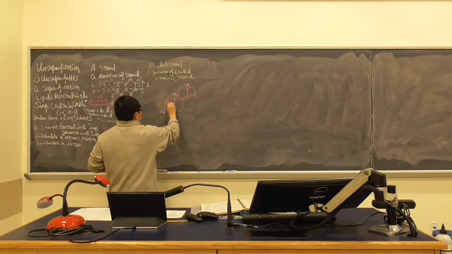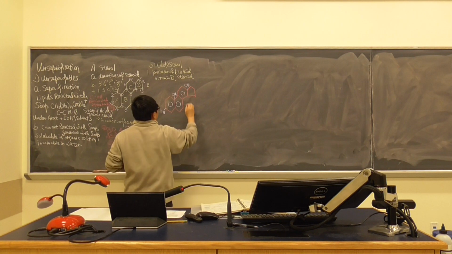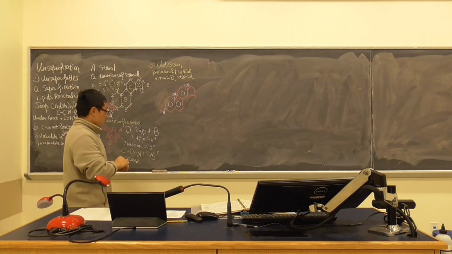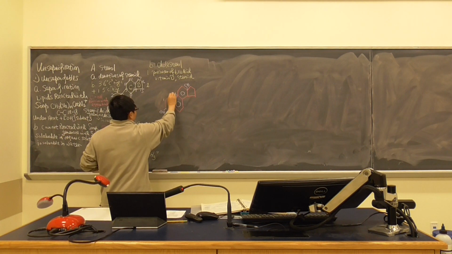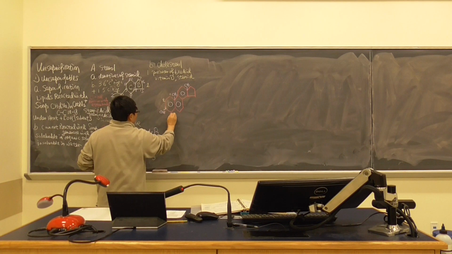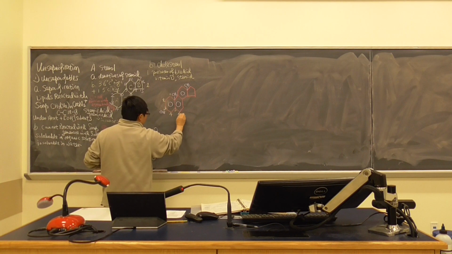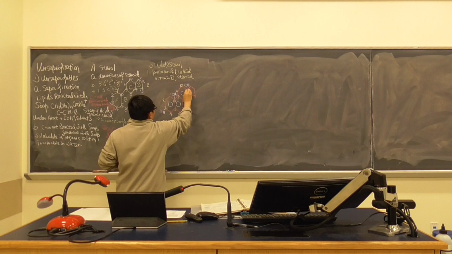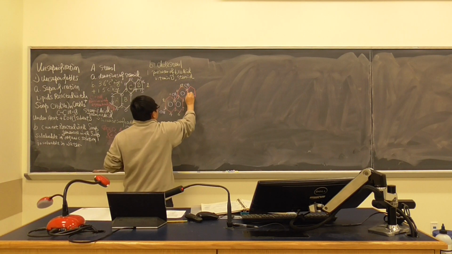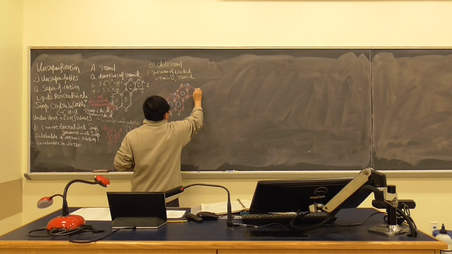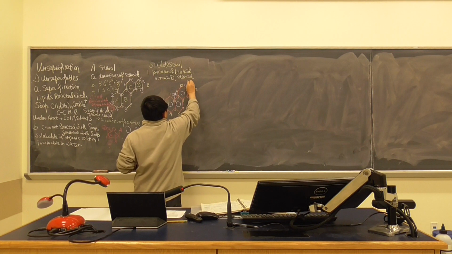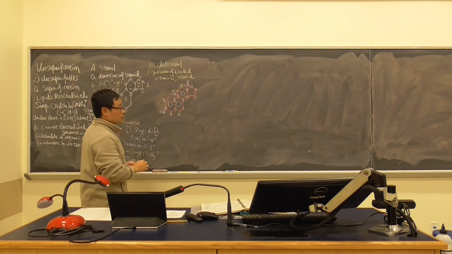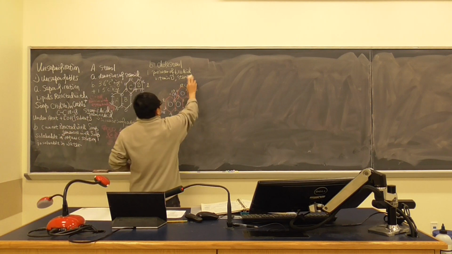If we draw like this, how are we going to label them? It will be 1, 2, 3, 4, 5, 6, 7, 8, 9, 10, 11, 12, 13, 14, 15, 16, 17, 18, and 19, but not done yet. I have to remove this.